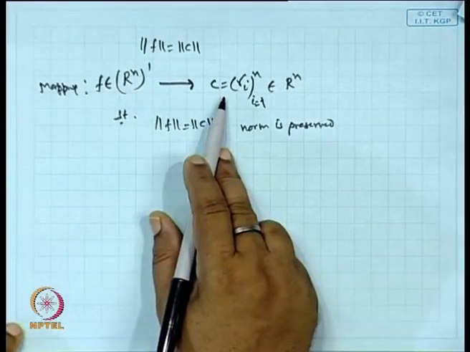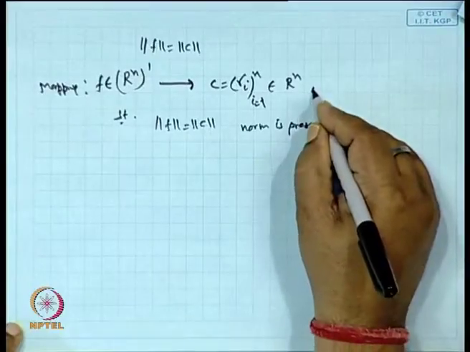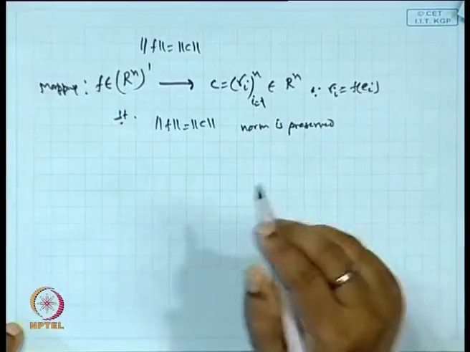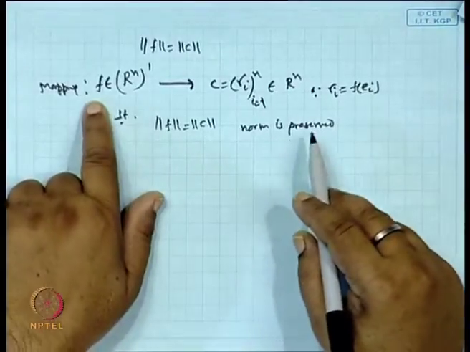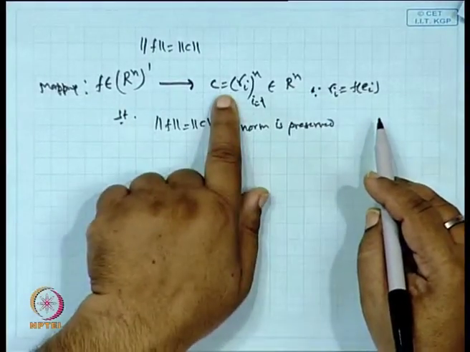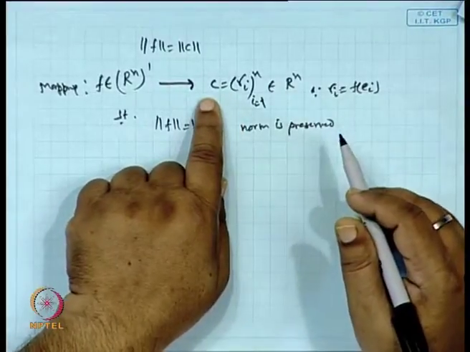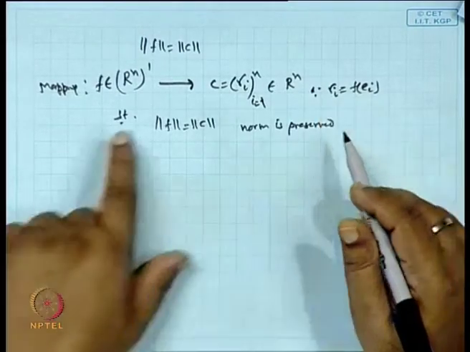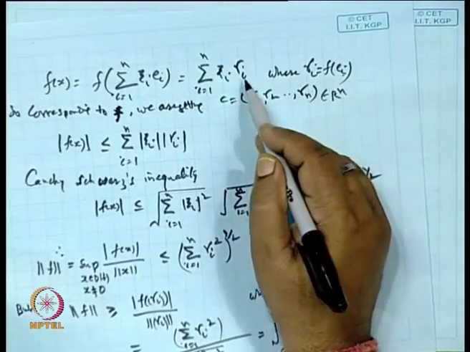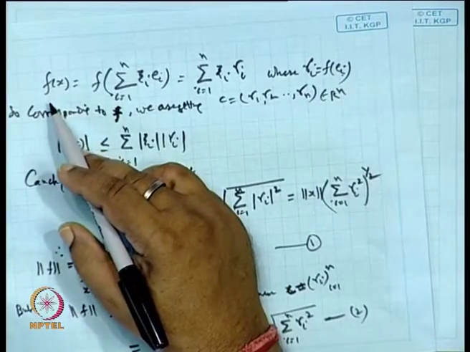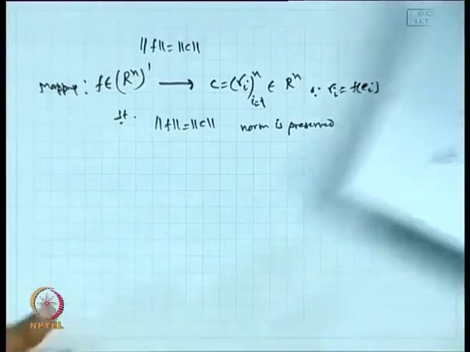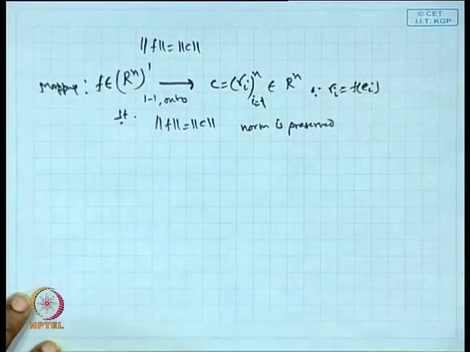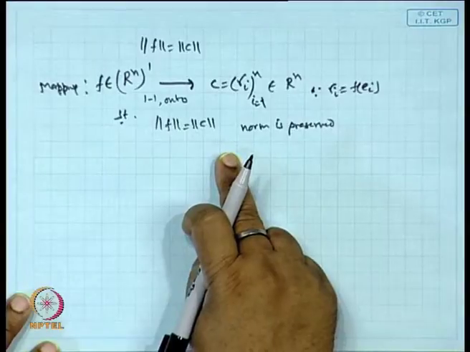Corresponding to f we get C, because gamma I is equal to f of E I. So gamma I depends on f. Corresponding to each f we can get the gamma I, that is, we can get C. Vice versa, if I get the C, it means we are getting gamma I, and then the corresponding function is known. So we can always get a 1 to 1 and onto mapping which preserves the norms.